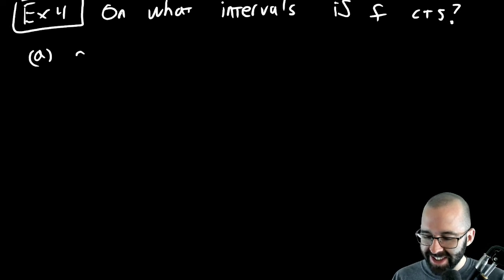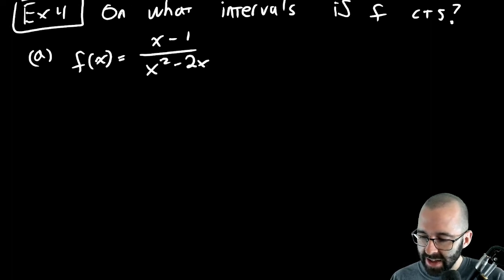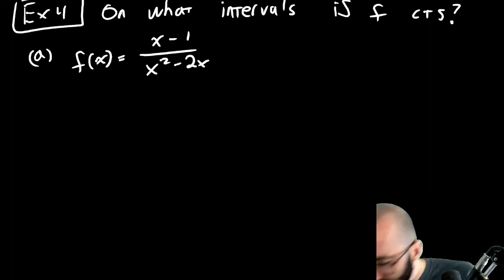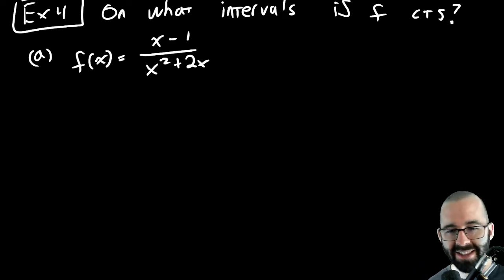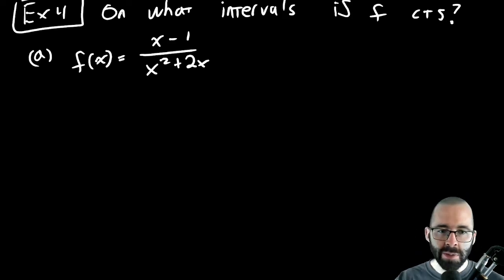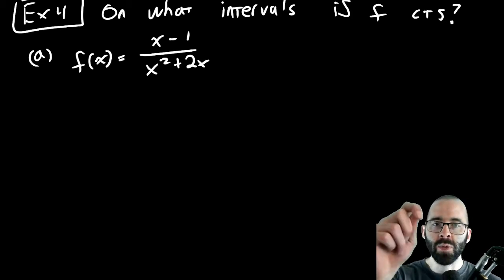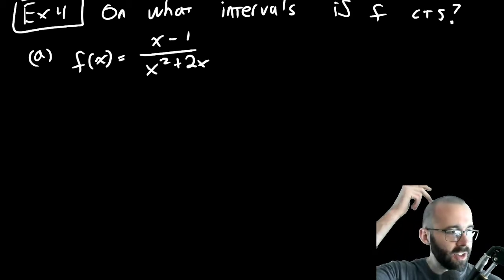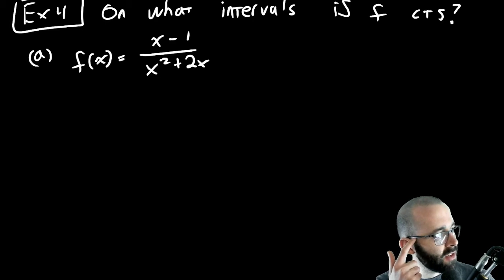So this function is equal to x minus 1 divided by x squared minus 2x plus 2x. Not that it really matters. So immediately, we're at this point in the section. You should think, boom, rational function, rational function, rational function. What did Jason say about rational functions?